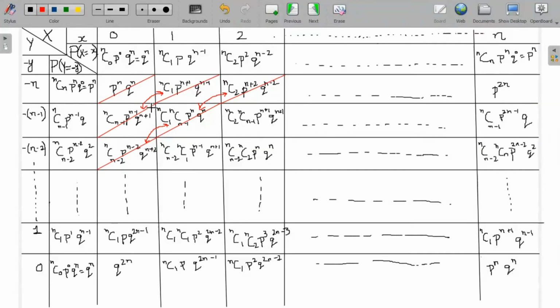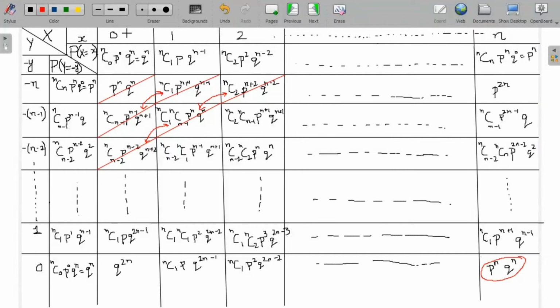Similarly, for minus n plus 2, we add these three probabilities. In this form we can calculate for Z from minus n plus 1, minus n plus 2, up to Z equal to n. We keep on adding diagonally and we get the probabilities for all values of Z.